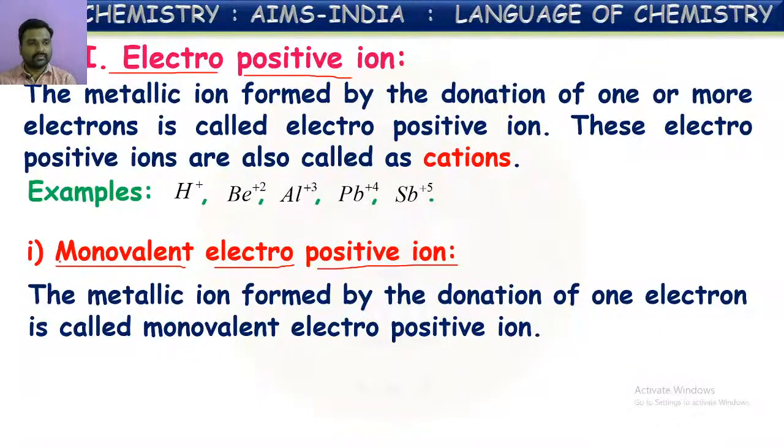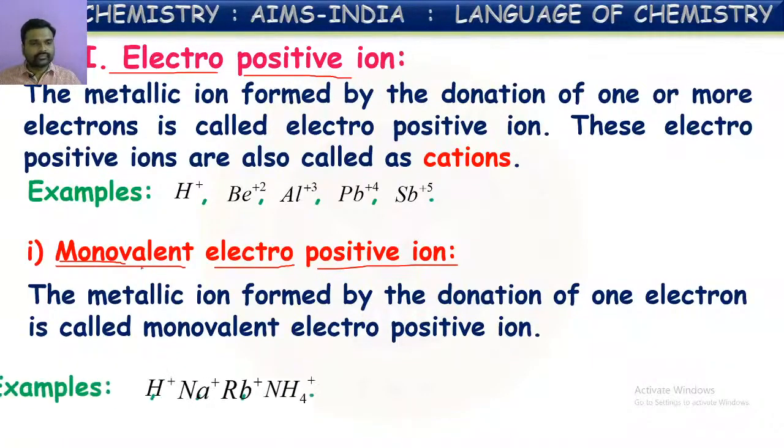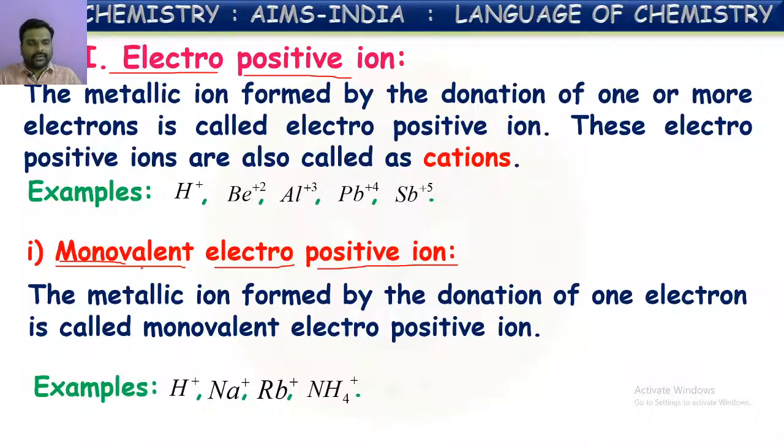Here you can see monovalency: one valency means the charged particle formed by the donation or loss of one electron is called a monovalent electropositive ion. For example, H+ ion is formed by the loss of one electron from hydrogen.